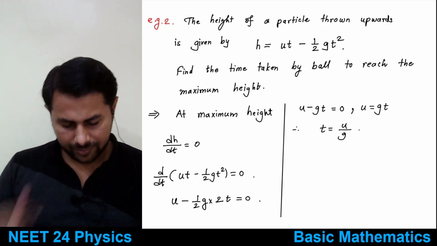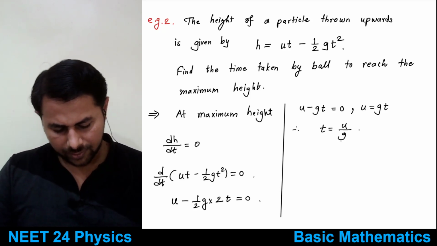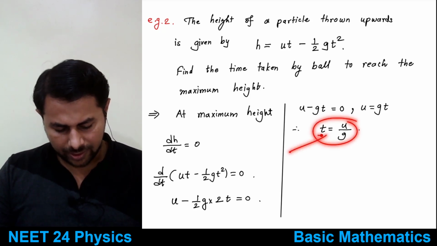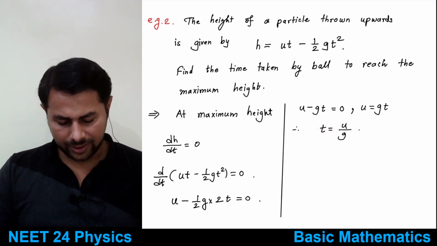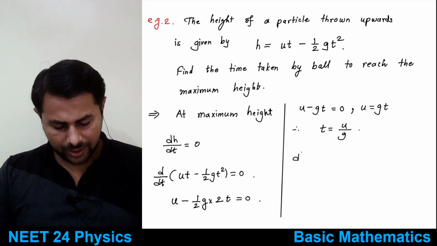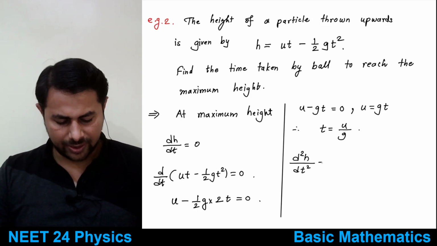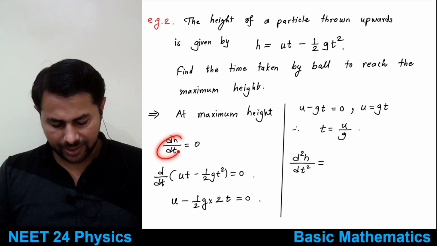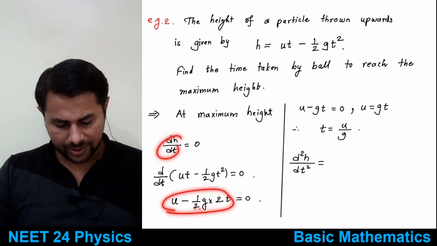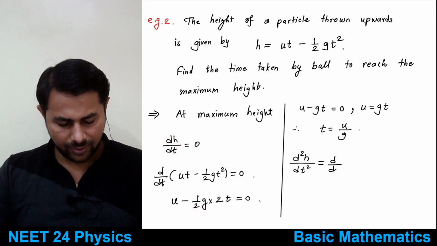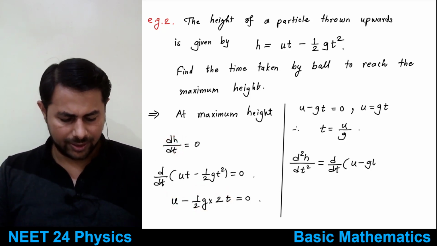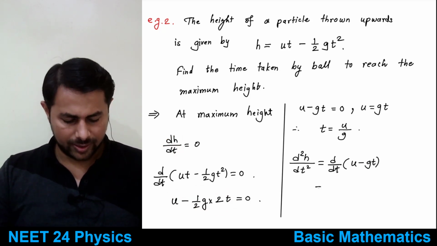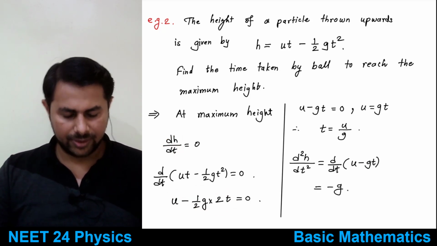So let's check that. What will you find out? What happens to the double derivative at this point? So take d2h by dt square, that's the double derivative. That means the derivative of dh by dt, and your dh by dt is u minus gt, so the derivative of u minus gt is minus g.